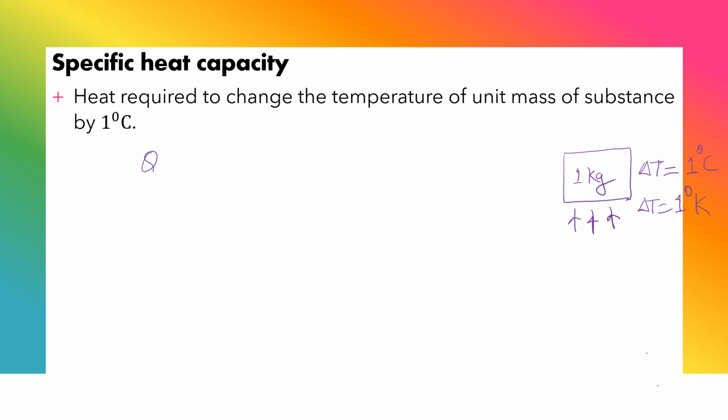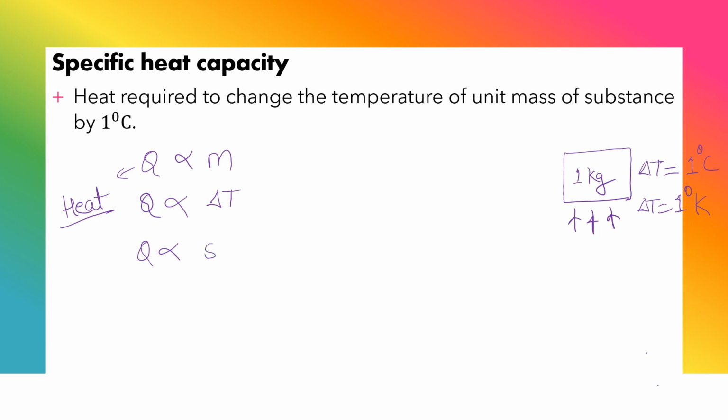If you are doing a practical, let's say in your physics lab, then you will find that the heat supplied, let's say heat is represented by Q. So heat is represented by Q. Heat supplied to the substance depends on the mass of substance. Heat supplied depends on the change in temperature, how much is the change in temperature you are achieving, and heat supplied depends on the type of material which decides its specific heat capacity. So it depends on S as well.